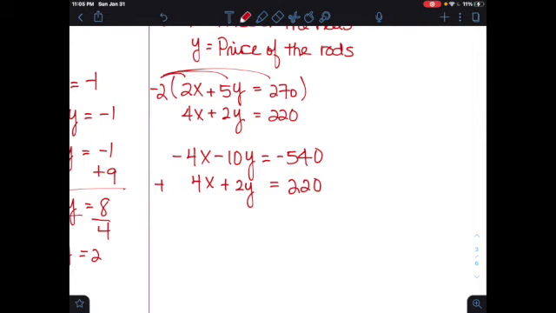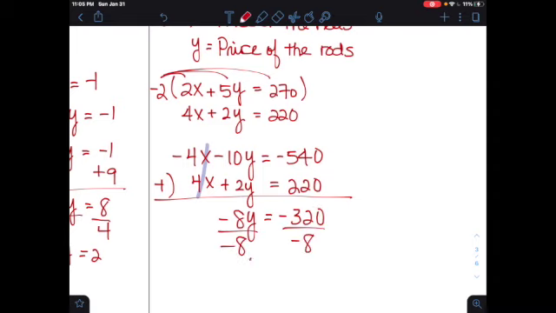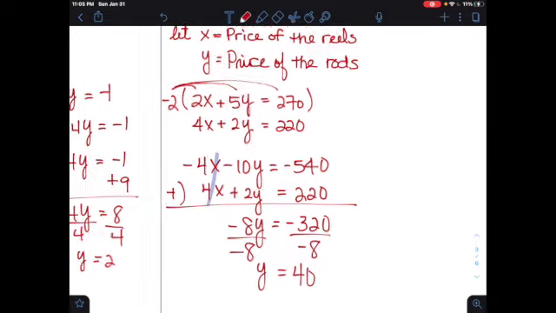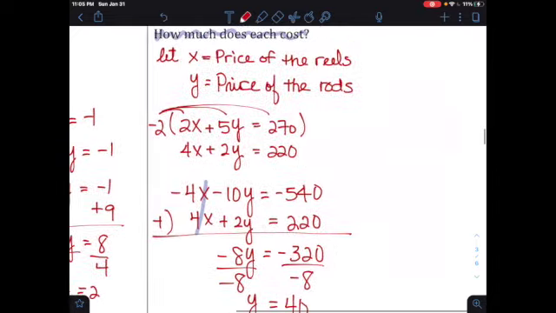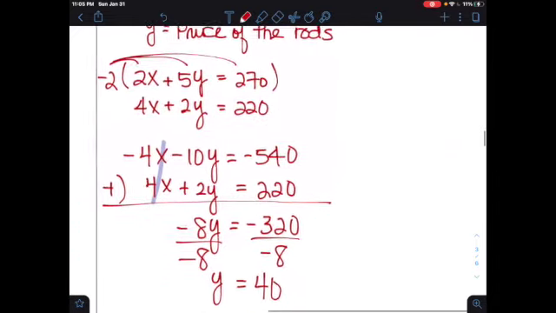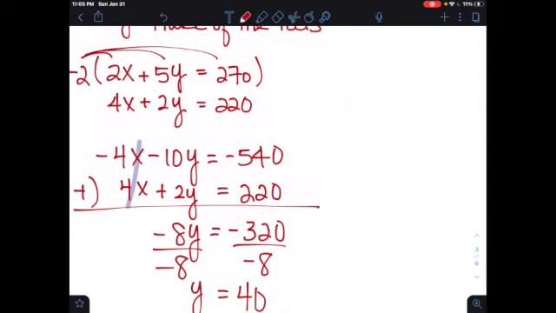When you add them together, negative 4x and positive 4x cancel out, and that leaves you with negative 8y equals negative 320. Divide by negative 8 on both sides, and y is equal to 40. Then plug into the equation, and I will probably use the bottom one just because it's easier.